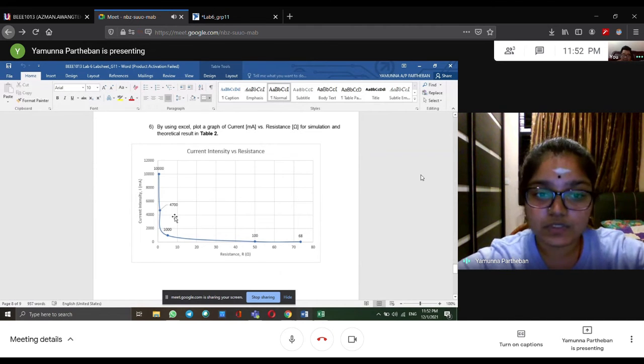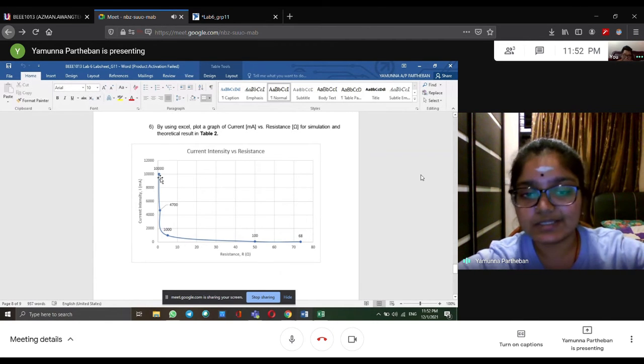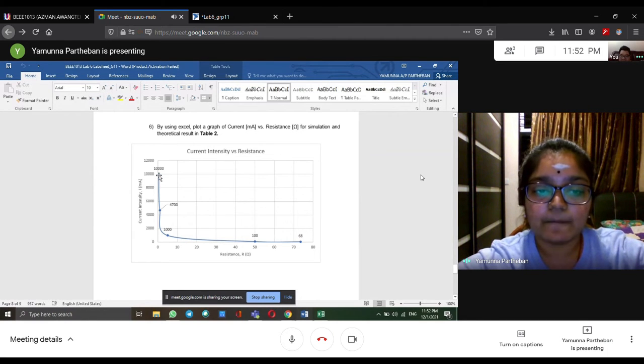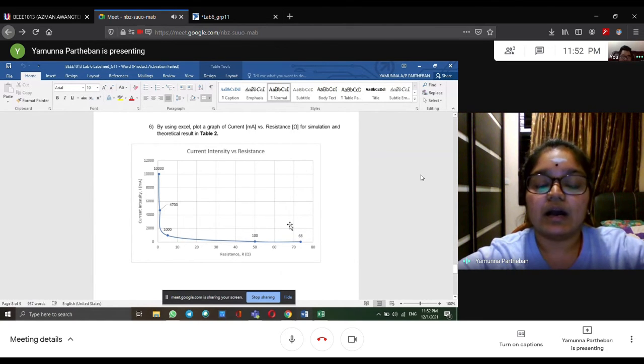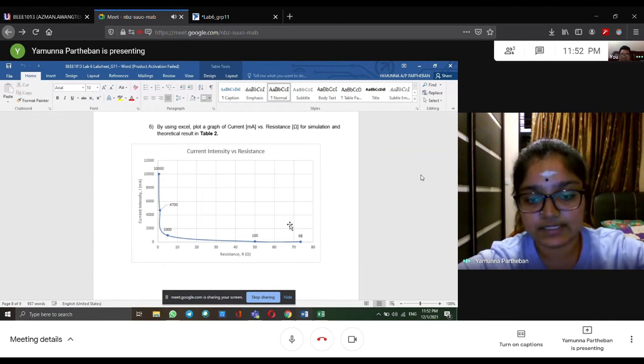According to Ohm's law, as the resistance increases, the current intensity decreases as well. We can simplify and explain it in a way where the graph will be inversely proportional. So this is how the graph will be for current intensity versus resistance.